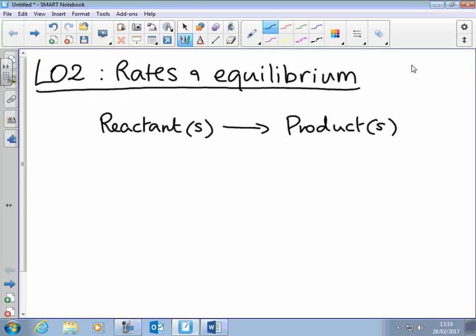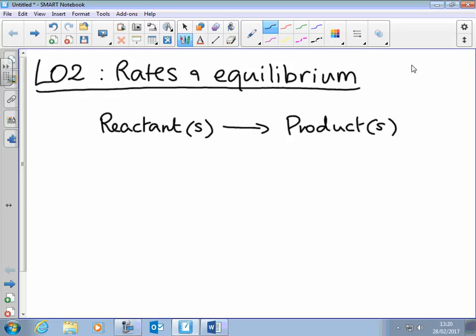You'd have reactants to products from left to right, but also from right to left, and it's a matter of finding out what point you reach in terms of concentrations when the rates of the reactions are equal in both directions and there doesn't appear to be any more change. So that's something to return to.